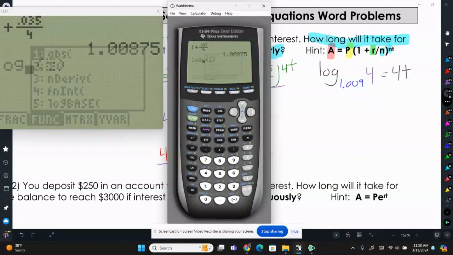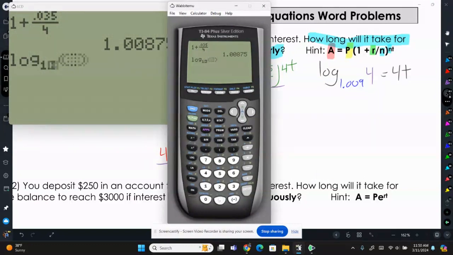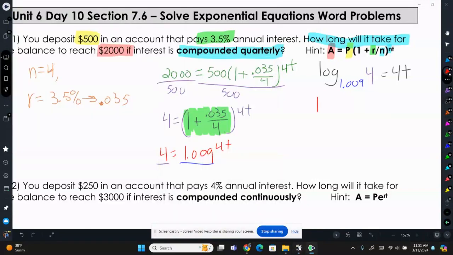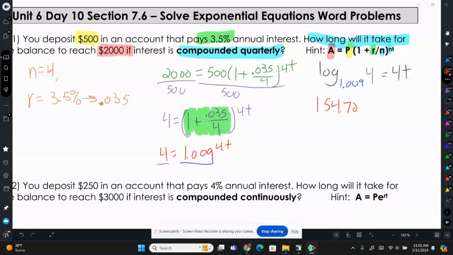Now you could use the change of base formula or the alpha window key to type in the log, and you get 154.725 equals 4t. And then we divide both sides by 4.